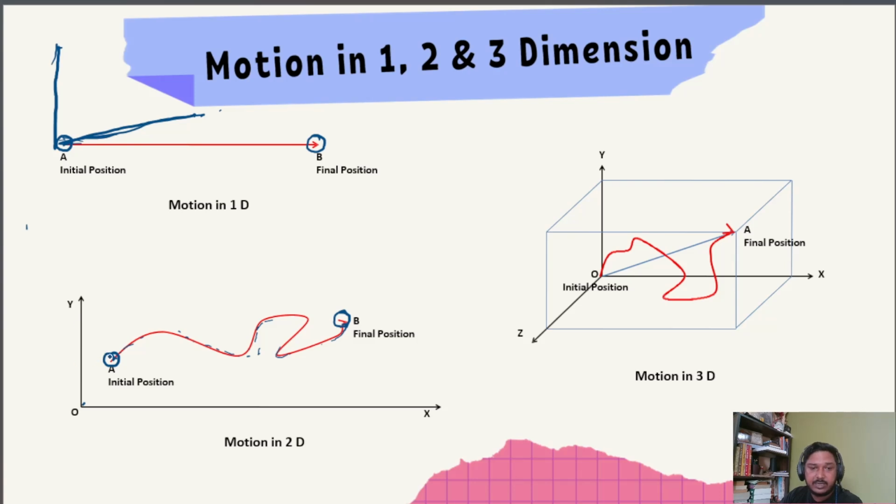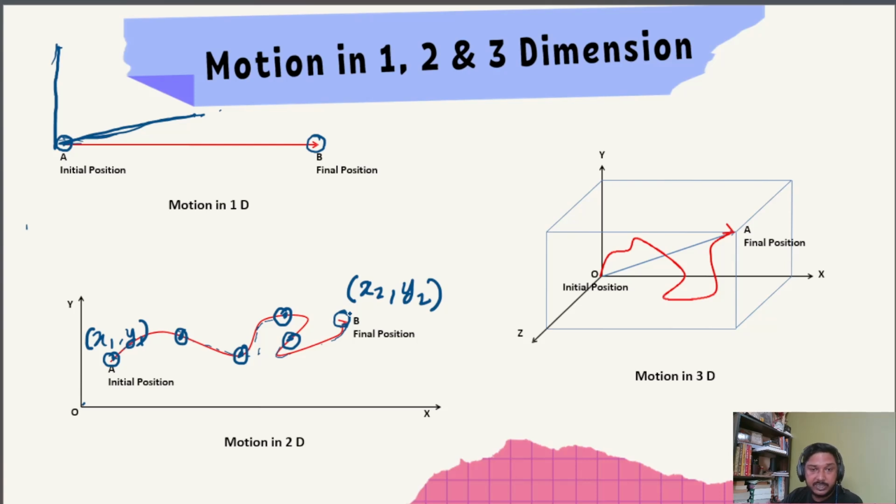Now this point A can be explained with the help of a coordinate, say x1 comma y1. It goes to the point B whose coordinate is x2 comma y2, and in this way the coordinate of any intermediate point in the path can be measured very easily, and the parameters of motion associated with that point can be calculated.